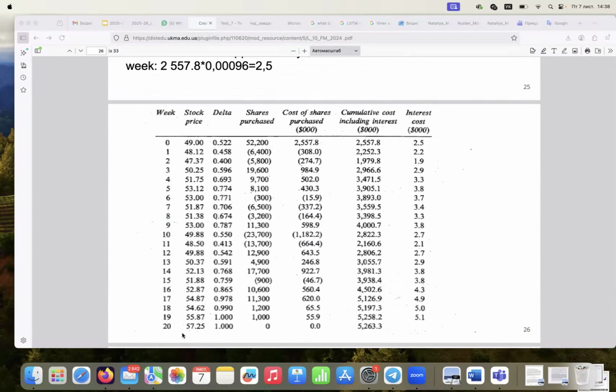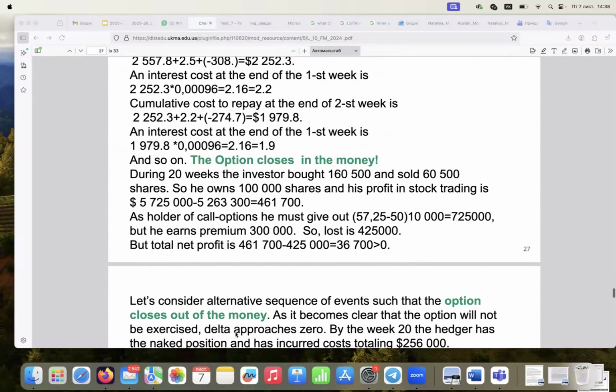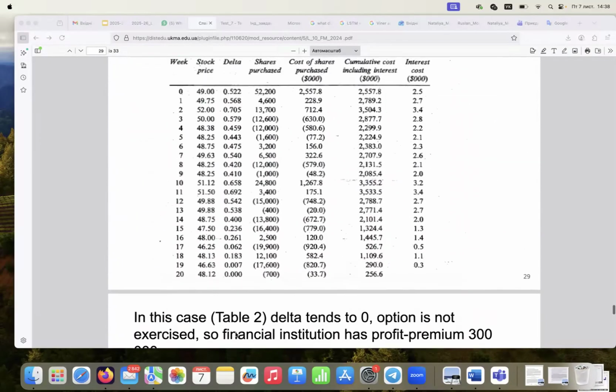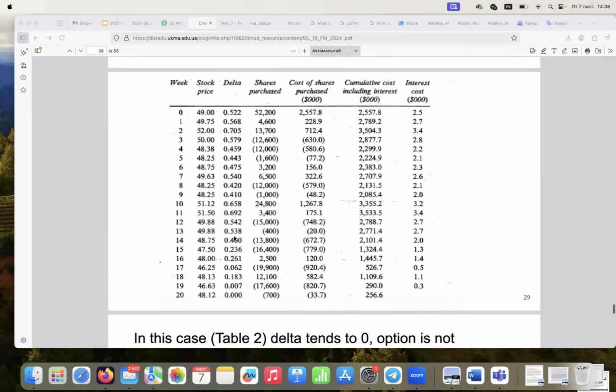In this scenario we are in the money, and you see that delta at the end of the 20 weeks tends to 1. It's exactly 1.000. But in the other scenario, delta at the end is 0.